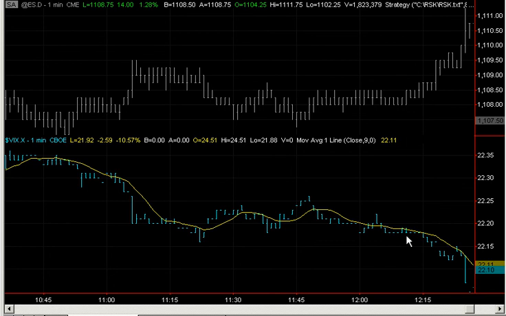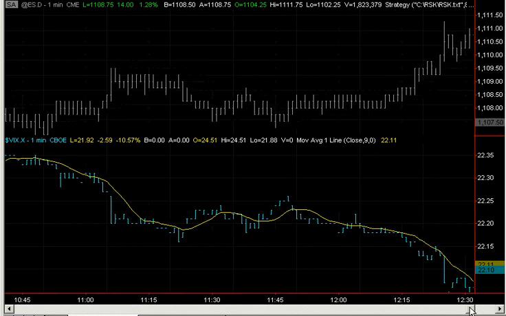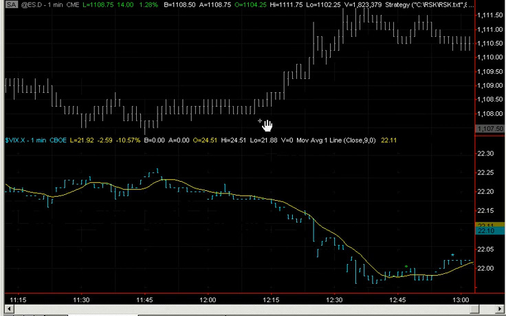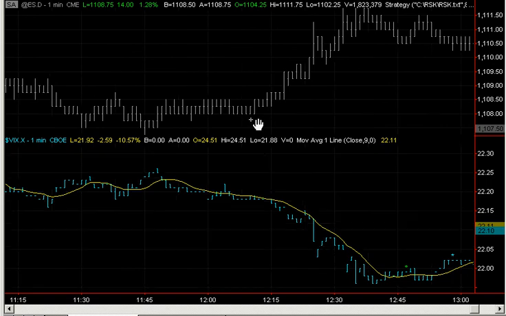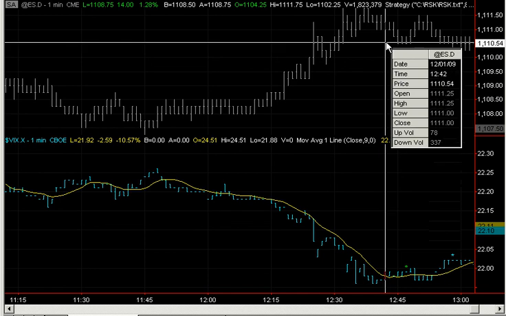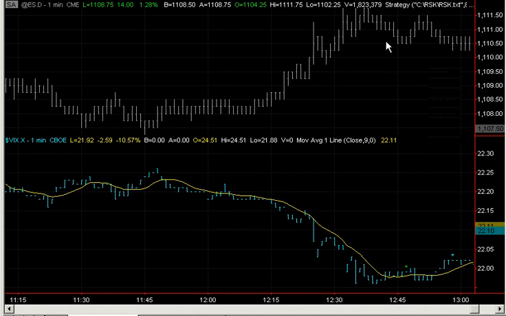The low below the moving average. And look at that run. That run takes you very nicely from roughly 1108.50 all the way up until it closes right in here at 1111. Nice trade. You see that happen all the time.